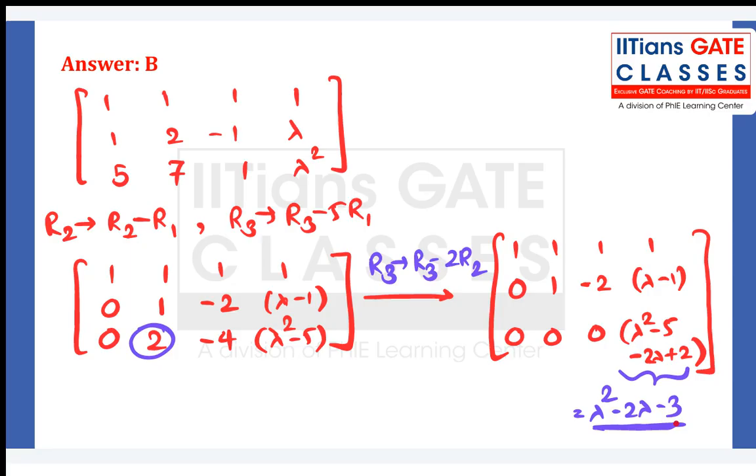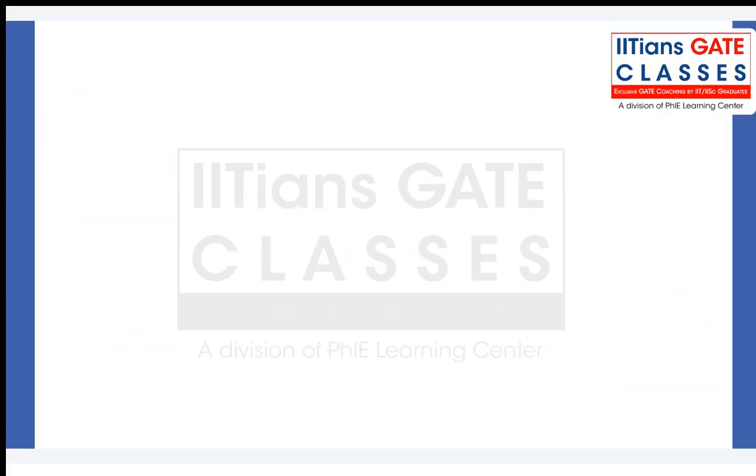Now what they are saying is rank of this matrix is 2. This is your A matrix, right? So for that to happen, this has to be equal to 0. Then only you will have the third row which will be all zeros. So the question becomes simpler because now you have to find the values of lambda for which this lambda square minus 2 lambda minus 3, your last element, becomes 0.